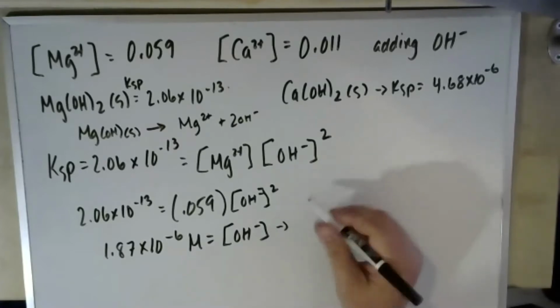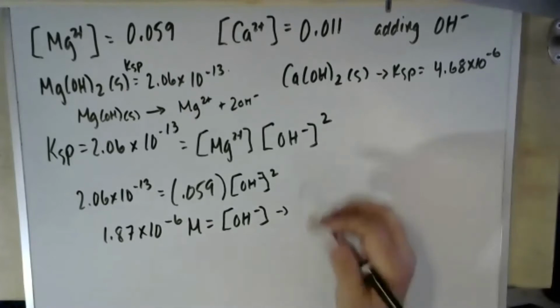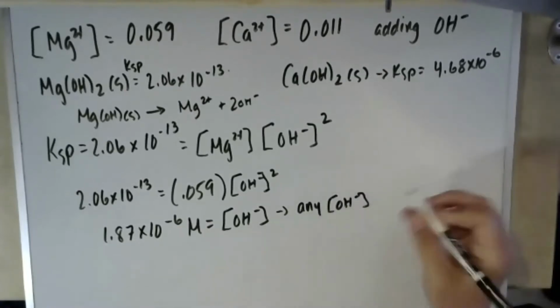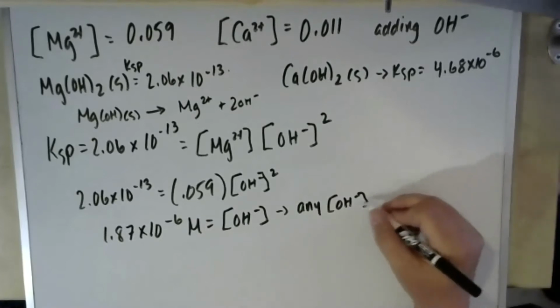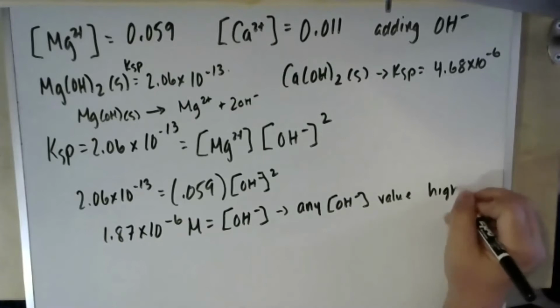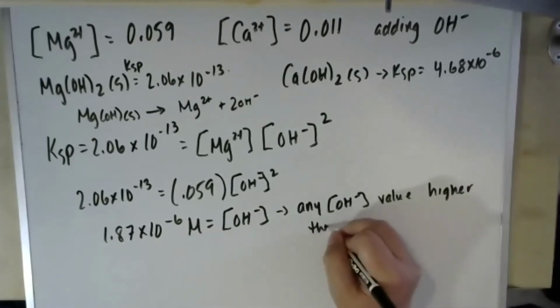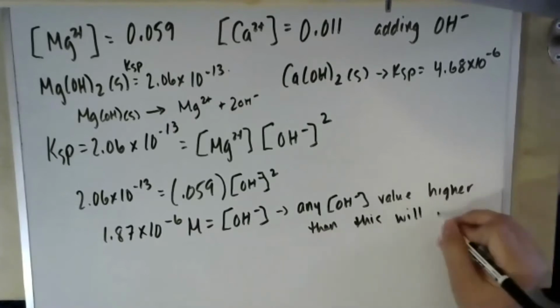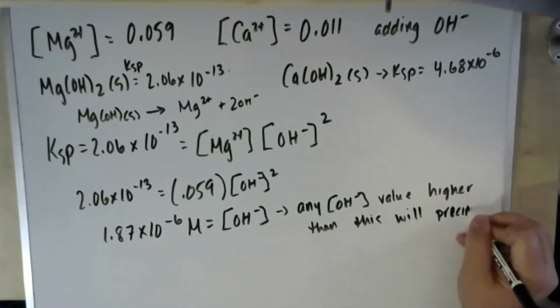So what that means is that any OH minus concentration value higher than this will precipitate our MgOH2.